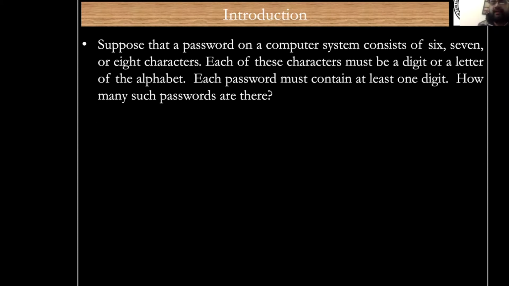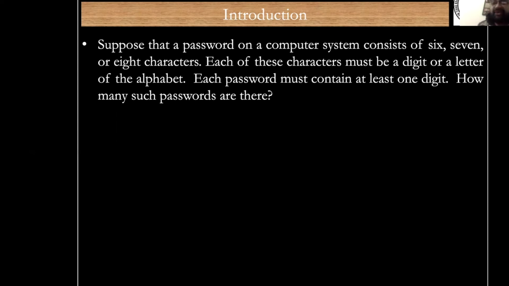The restrictions are that the password can consist of 6 characters or 7 characters or 8 characters, where a character can either be a digit 0 to 9, that is, 10 different options, or a letter from A to Z. Here we are supposedly not going to differentiate between capital and small letters.